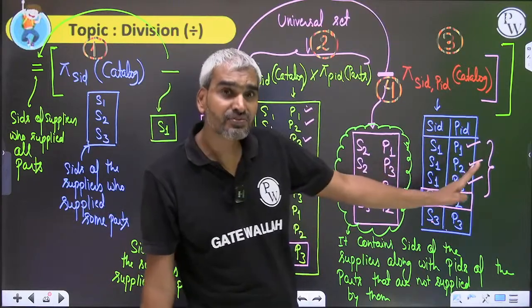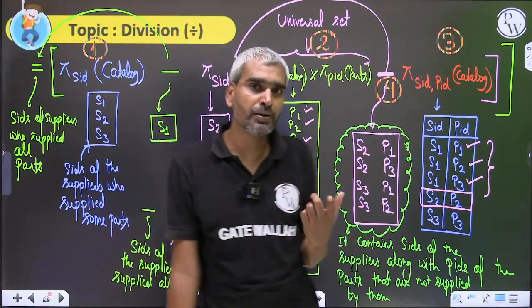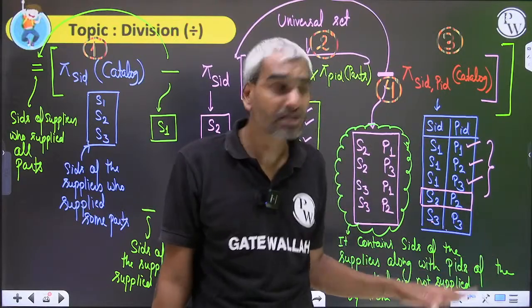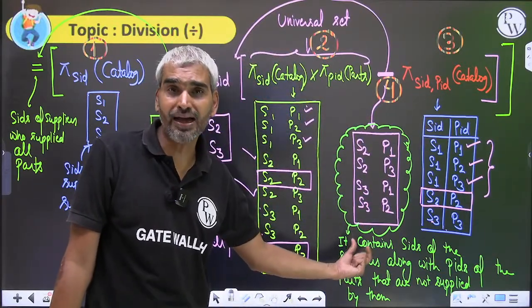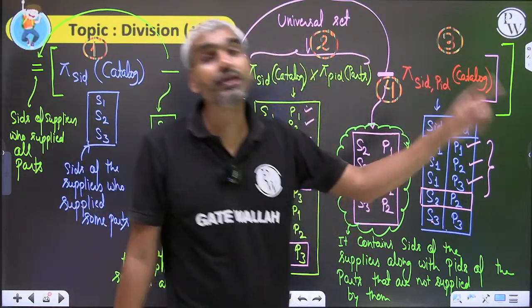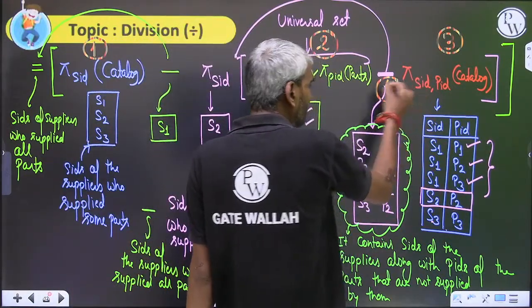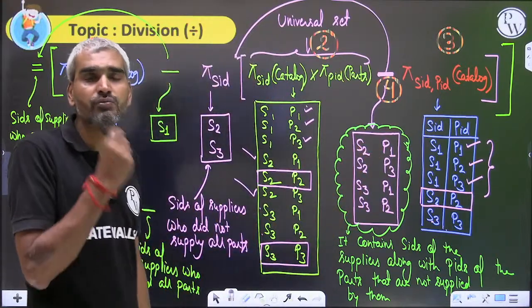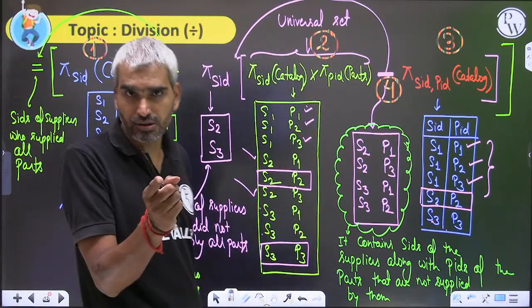In the RHS, if there is any supplier who has supplied all parts, then the information related to that supplier will completely vanish, and we will only get the tuples corresponding to the suppliers who have not supplied all the parts. So this subtraction will contain the SIDs of the suppliers along with the PIDs of the parts which are not supplied by those suppliers.